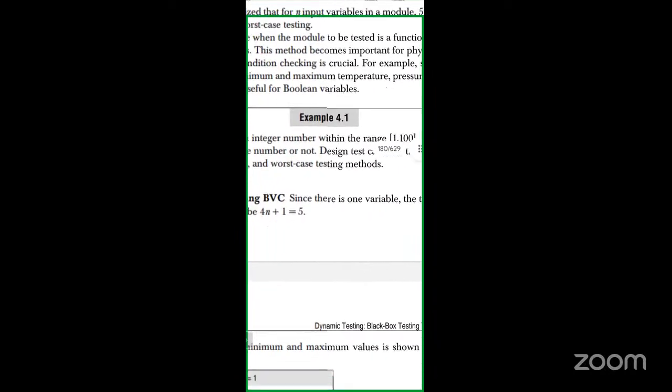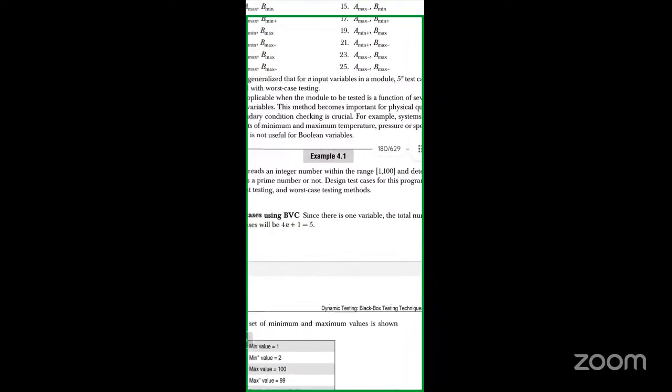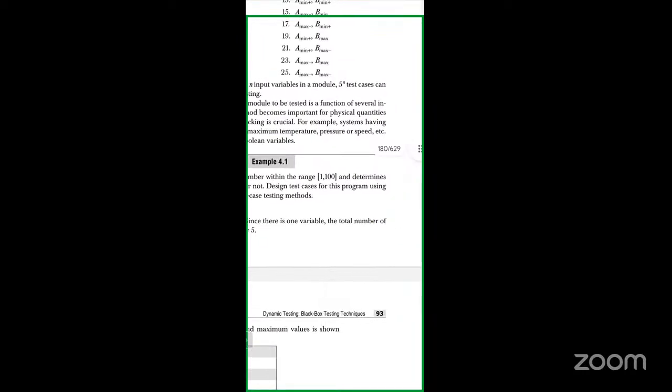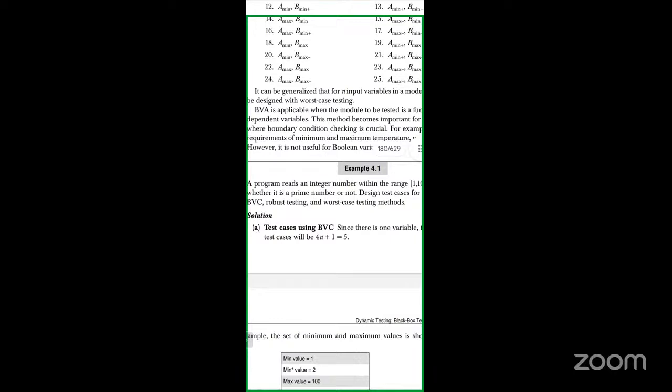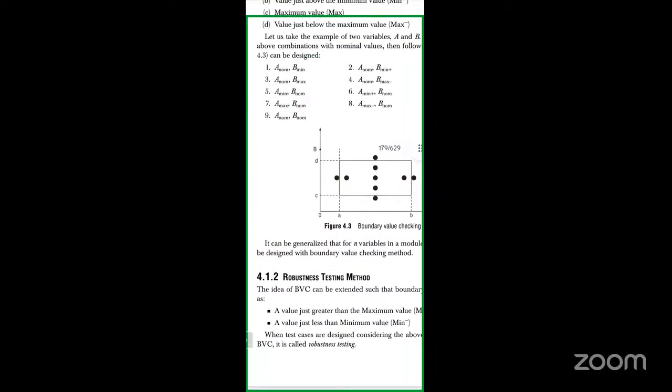So the system is taking the input value as an integer and accepting from 1 to 100, that is 100 numbers, and it is giving the solution whether it is a prime number or not. Okay, so design test cases for this program using BVC, that is boundary value checking, robust testing and worst case testing methods. All these three methods are being asked in this example.